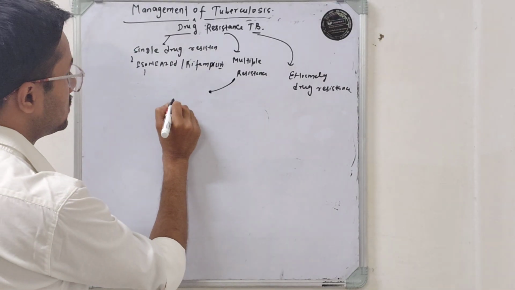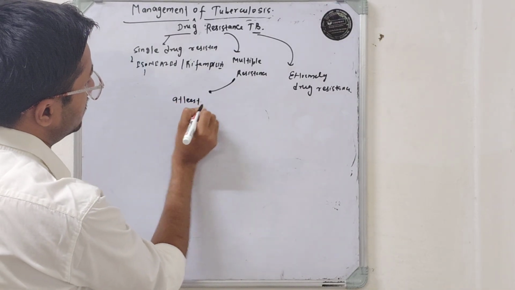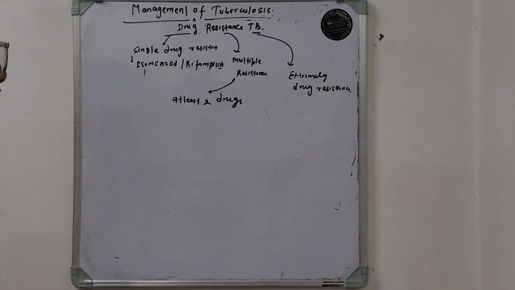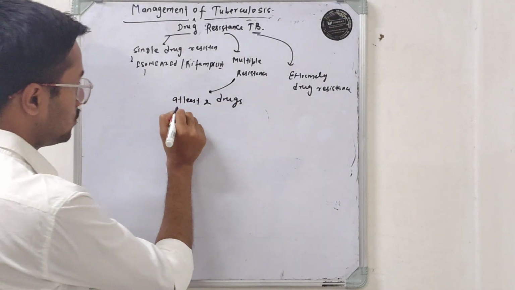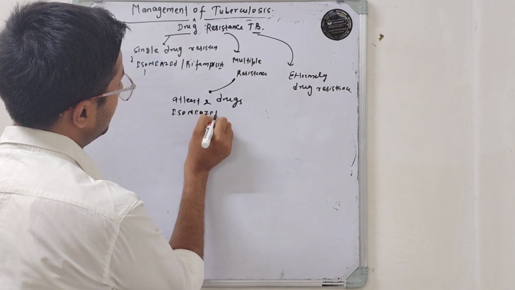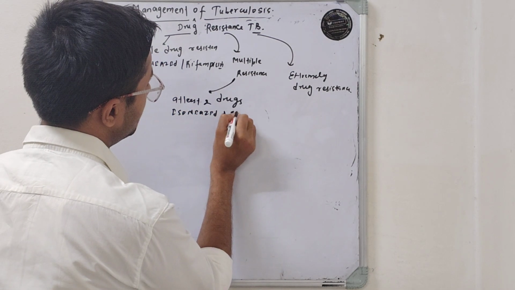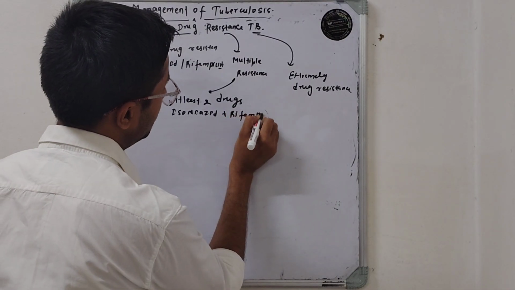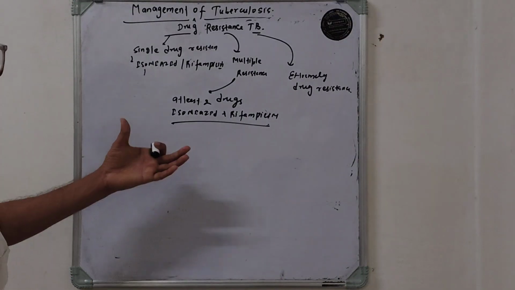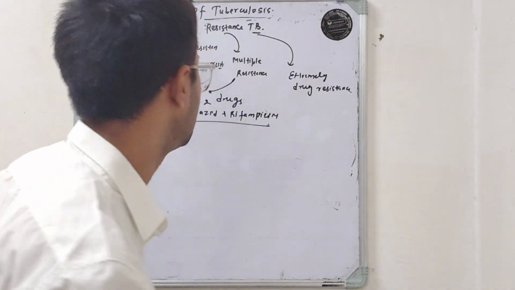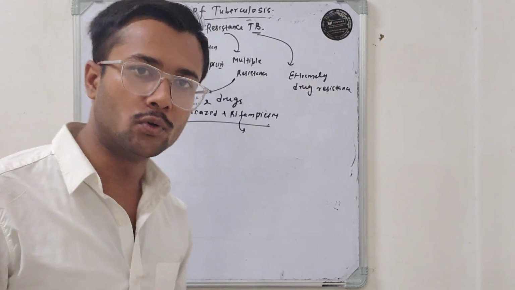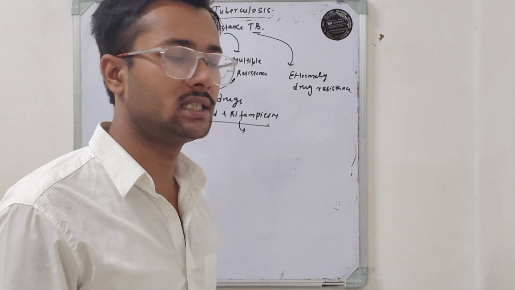Multiple drug resistance TB means the patient has resistance to at least 2 drugs, and the 2 common drugs are isoniazid and rifampicin. If a patient has resistance to both isoniazid and rifampicin, or only rifampicin resistance, in both cases the treatment approach is the same.